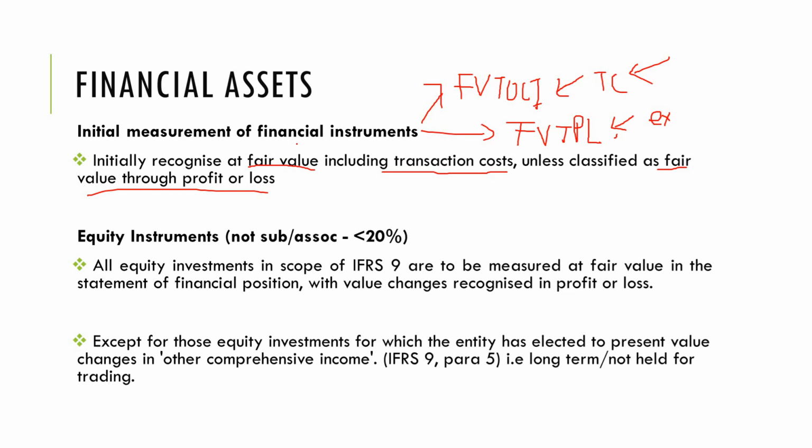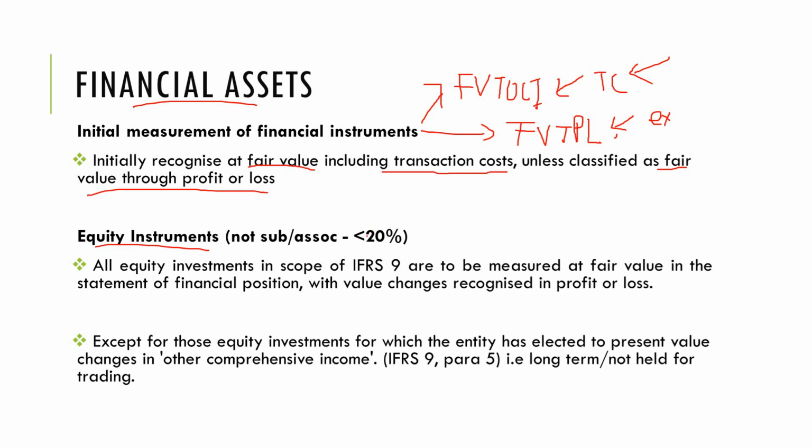Alright, so when we talk about financial assets, like I explained just now, there are two types. One example would be equity instrument, and the other example would be debt instrument. An equity instrument would be categorized as part of our financial asset if we bought an interest in another company of less than 20%.